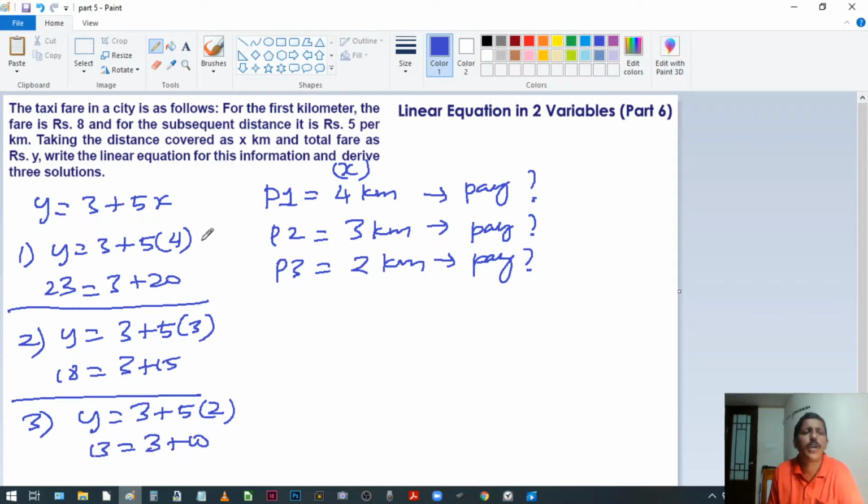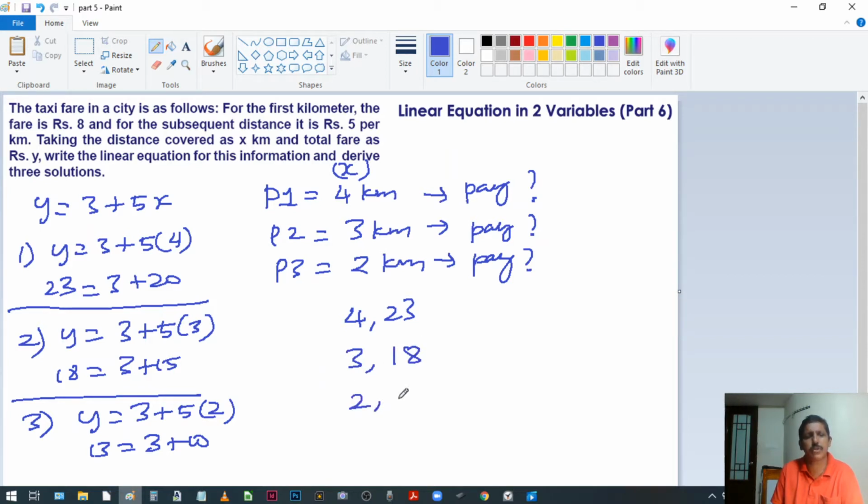See how, after forming the equation, it is very easy to calculate. You just put in the x value and you get the y answer. So how many solutions are there for 3 passengers? 3 solutions. The solutions for this equation are (4, 23): when x is 4, y is 23. When x is 3, y is 18.